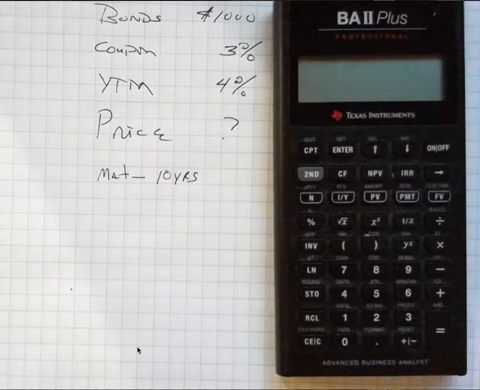Let's take into account an annuity stream, because we're going to receive so much money each year, and at the same time it's going to give us a future value of $1,000. We want to calculate the present value of that. So the price of a bond is nothing more than the present value of an annuity stream plus the present value of receiving $1,000 when the bond matures. So let's get to the task at hand.